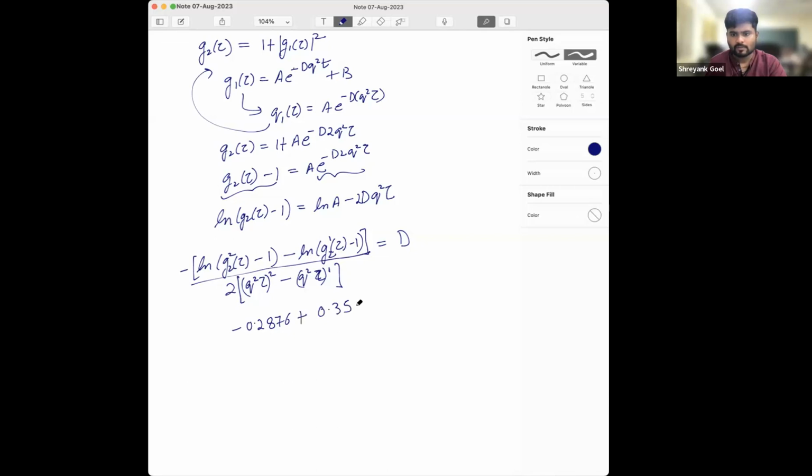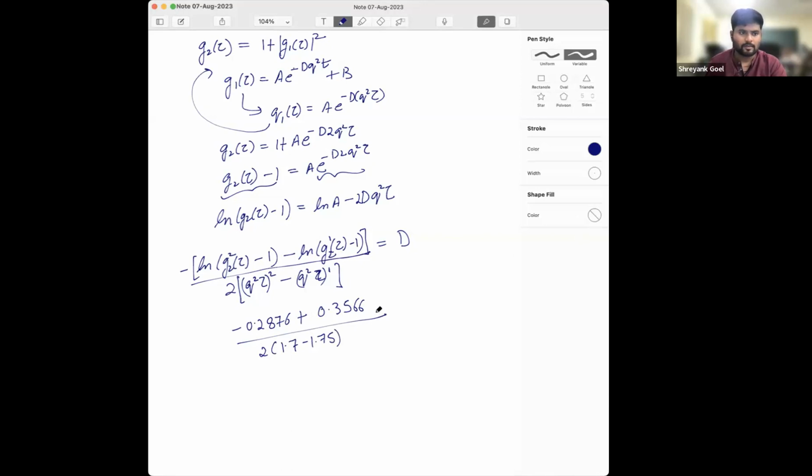So that becomes plus 66. Okay, then this should be divided by twice of 1.7 minus 1.75.